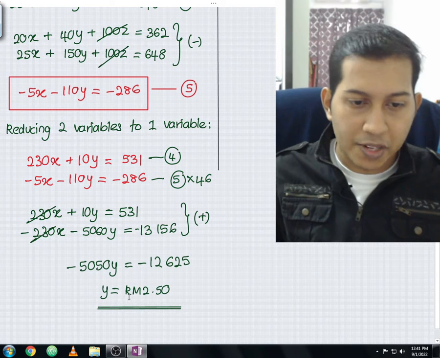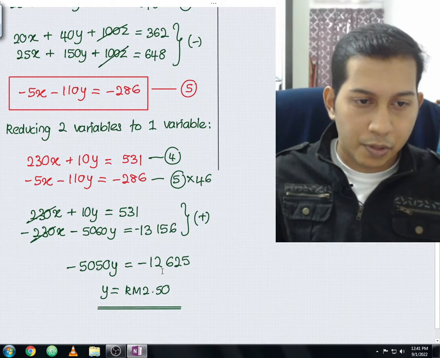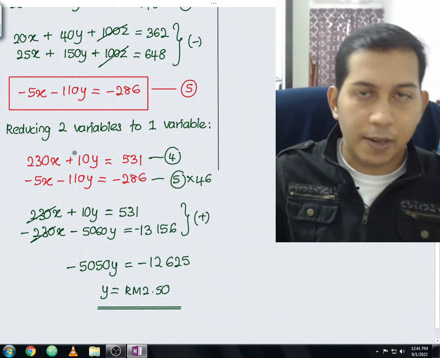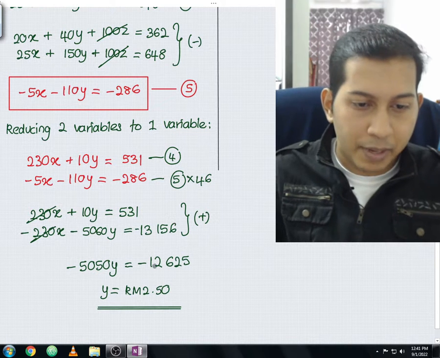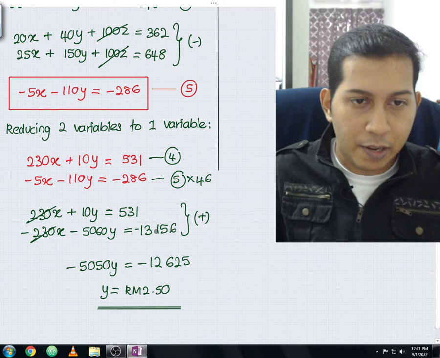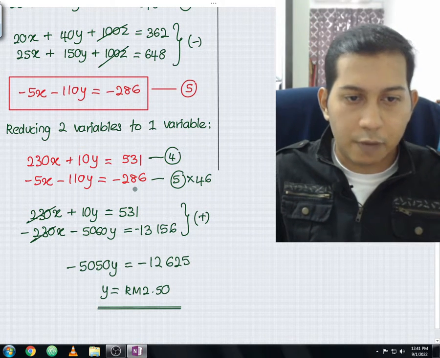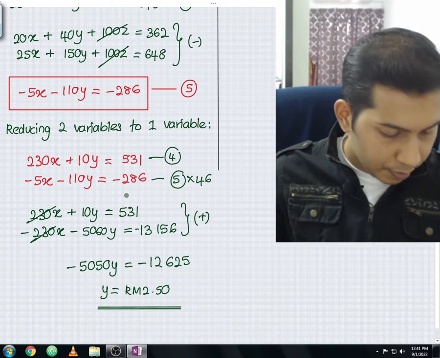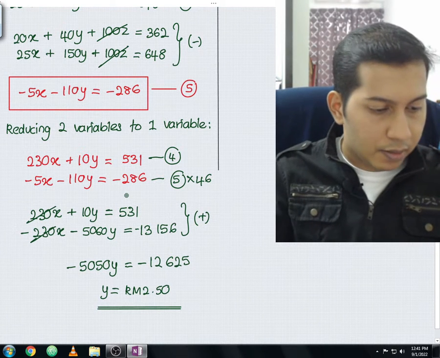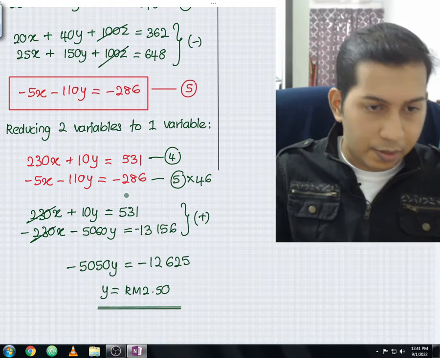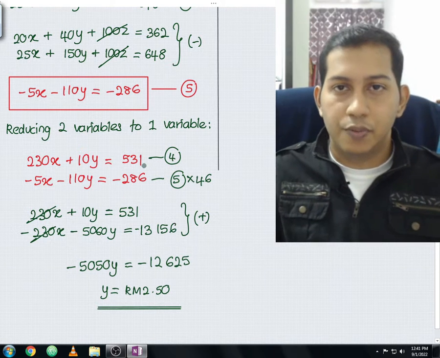Once you get the y value, the next step is finding the x value. So how are you going to find the x value? By substituting this y value into either equation 4 or equation 5. It is up to you, but in this case I'm choosing to substitute into equation number 5.